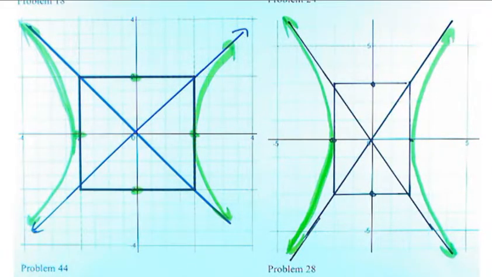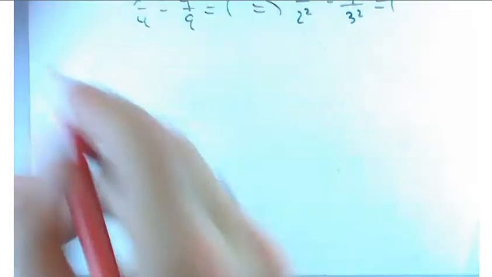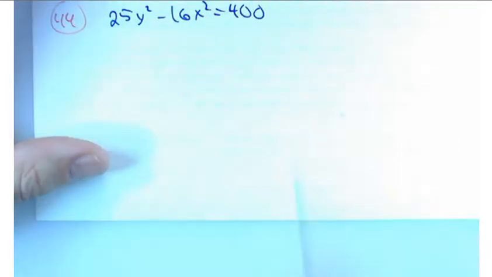Let's try problem number 44. 44 is 25y squared minus 16x squared equals 400.